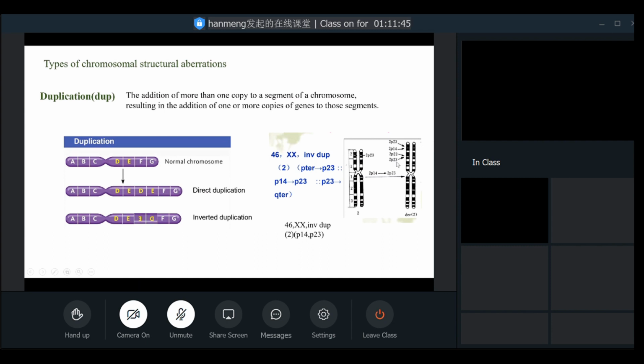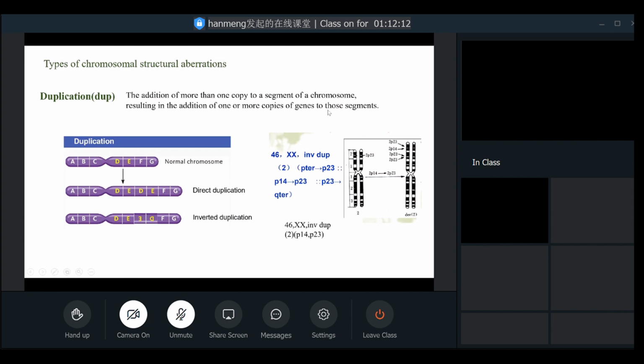The new chromosome composition is from the P terminal to P23, and breakage and rejoin at P14, then to P23, and breakage and rejoin at P23, then to the Q terminal.